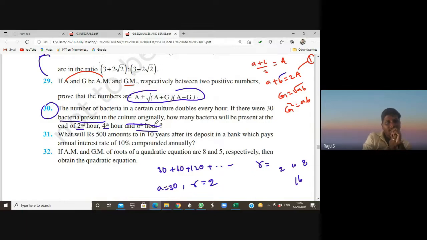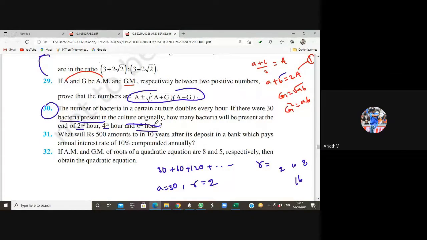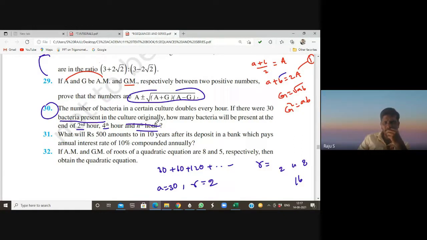Generally, 30 plus 60, 90? Do you understand the question?